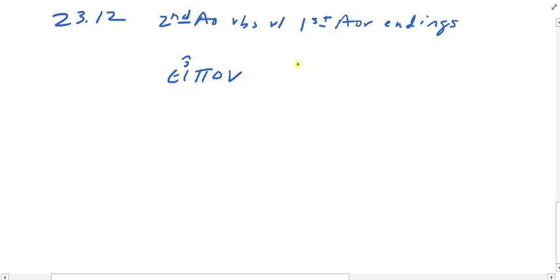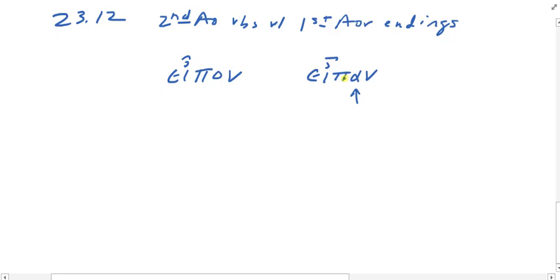You are going to see from time to time the form that looks like this. And if you look very closely at that, this is a second aorist that has an alpha right there. Now, where is that coming from? Well, what's happened is that this form has borrowed a first aorist type of ending.